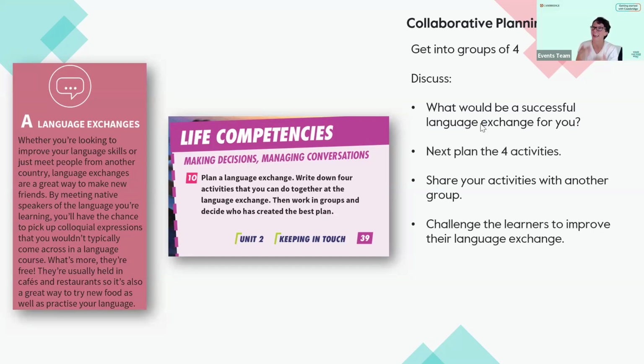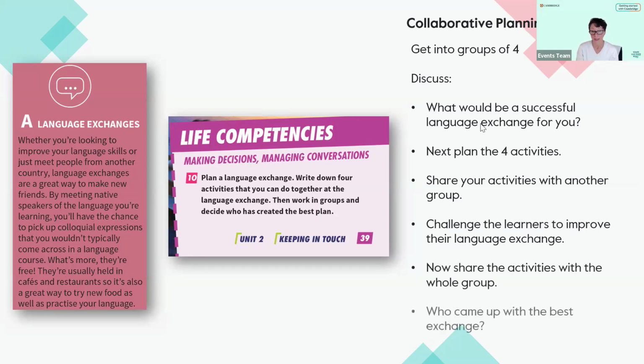So they're then showing, and they have to improve on the ideas that the original group came up with, and then they have to share the activities with the whole group. And of course, then vote who came up with the best exchange.